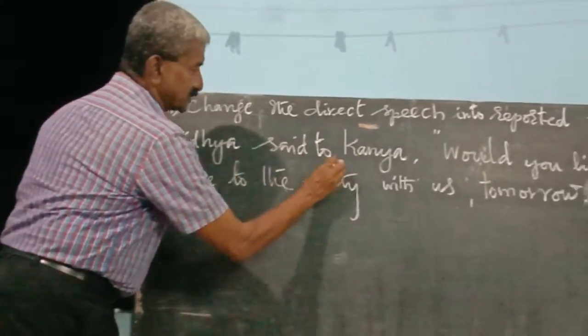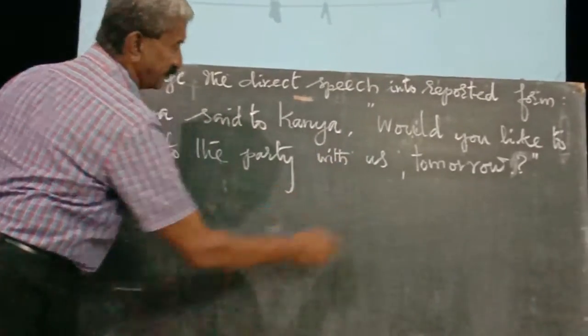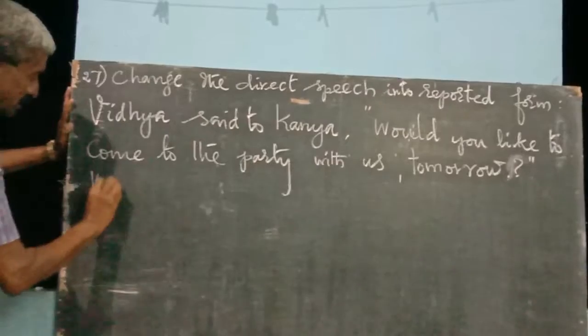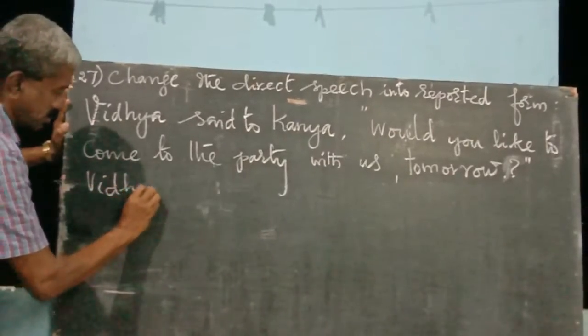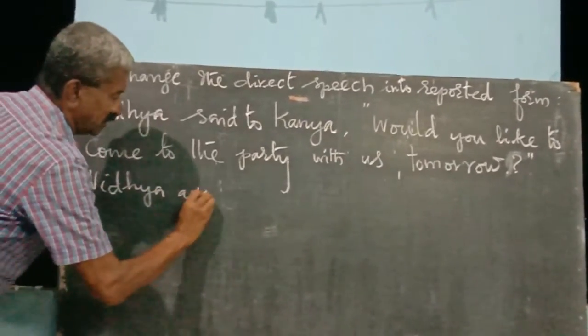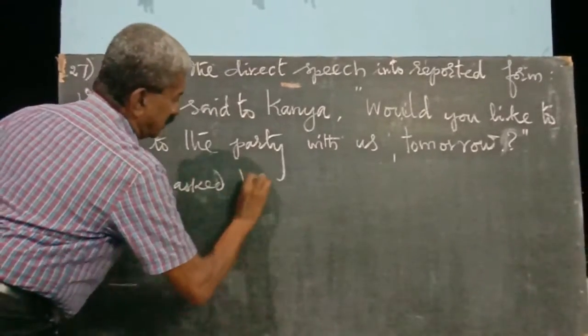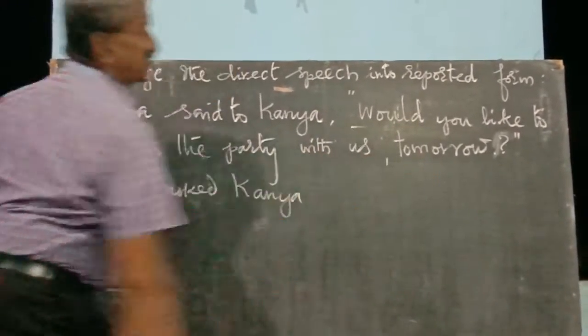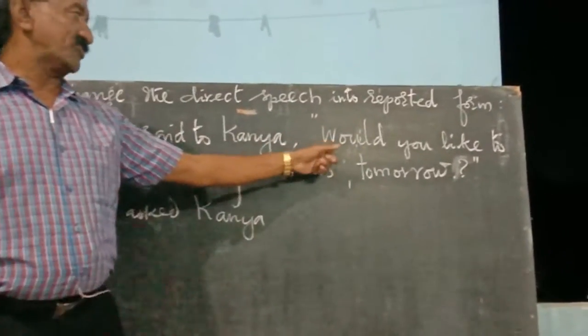Vidya said to Kanya, here what is that? Interrogative. So Vidya asked Kanya. See, the question does not start with a WH word.